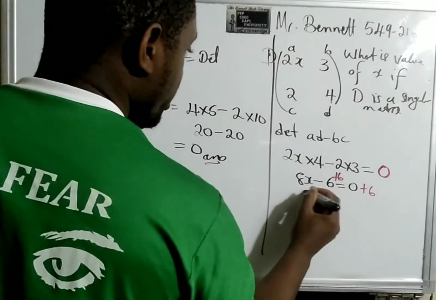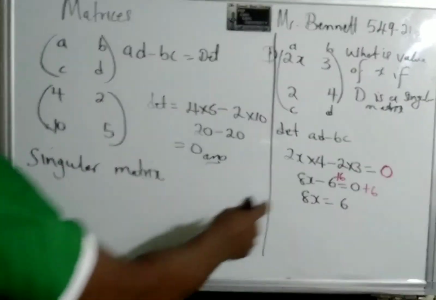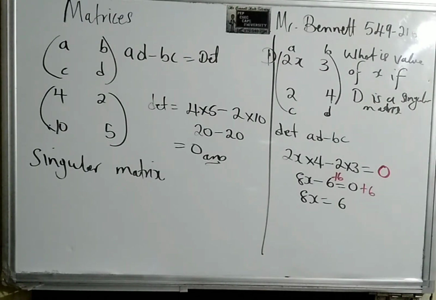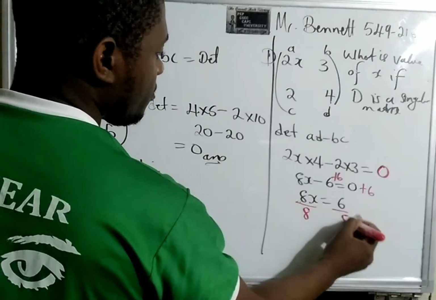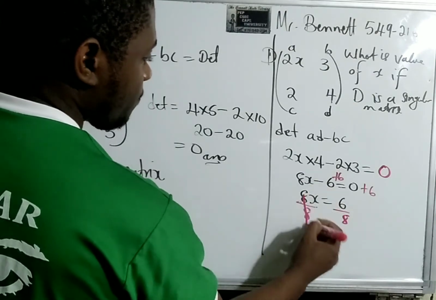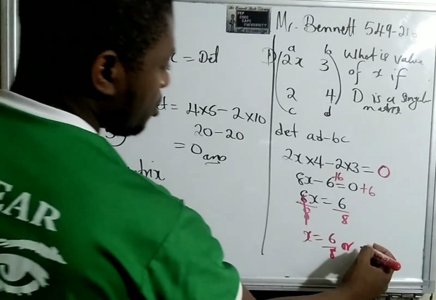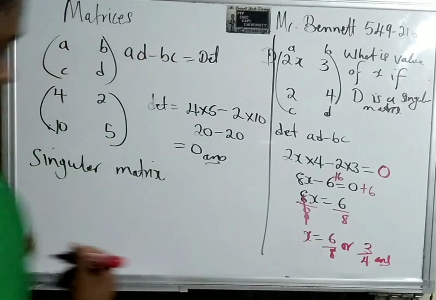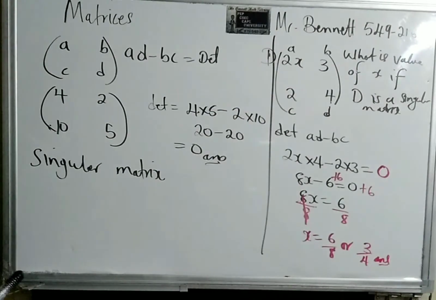So it will be 8x equal to 6, and this is saying 8 times x is equal to 6. So we do the inverse of times, which is divide by 8, because you're already multiplying. So that is 6 over 8, or 3/4. Therefore the value of x would be 3/4 to make this a singular matrix.